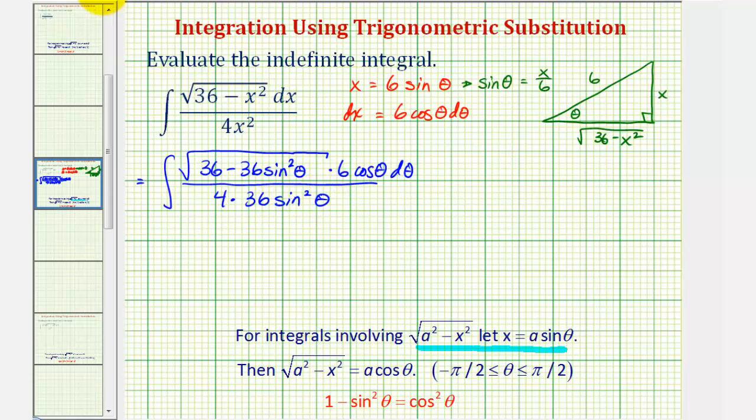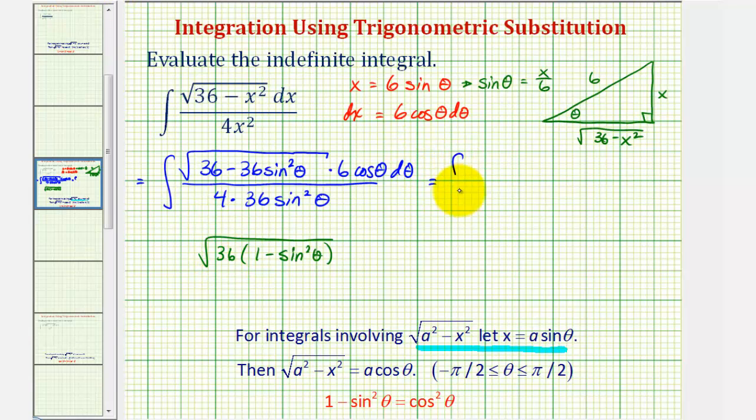Now let's begin to simplify. Let's first take a look at this square root. If we factor underneath the square root, we can factor out 36, which would give us the square root of 36 times the quantity 1 minus sine squared theta. And the square root of 36 is equal to 6.